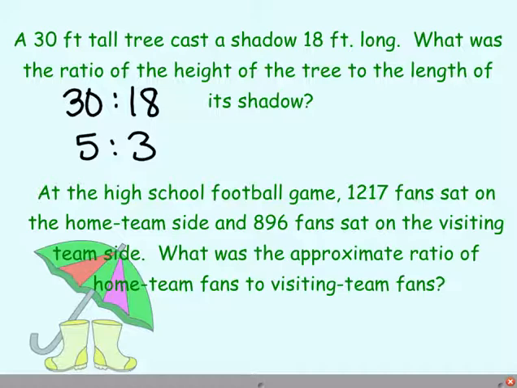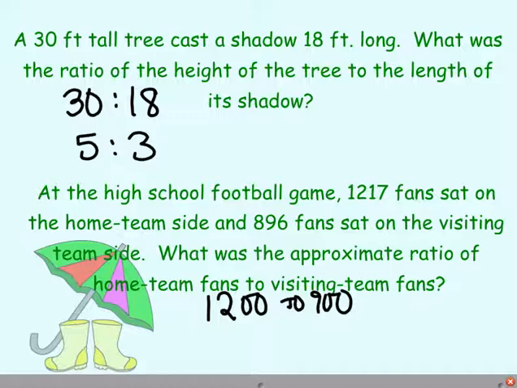And lastly, at the high school football game, 1,217 fans sat on the home team side and 896 fans sat on the visiting side. What is the approximate ratio of home team fans to visiting team fans? Well, I am going to round this to the nearest hundred and say I have 1,200 home team to 900 visiting.